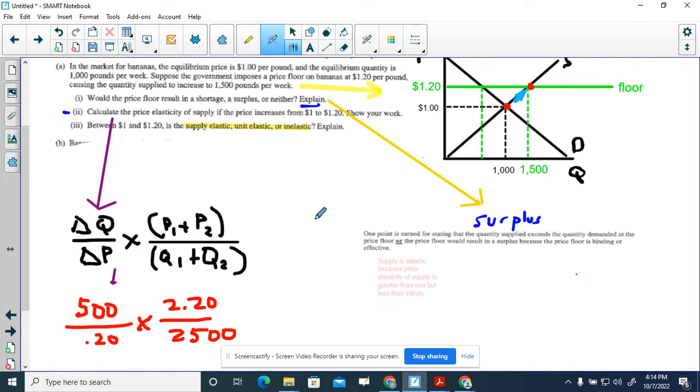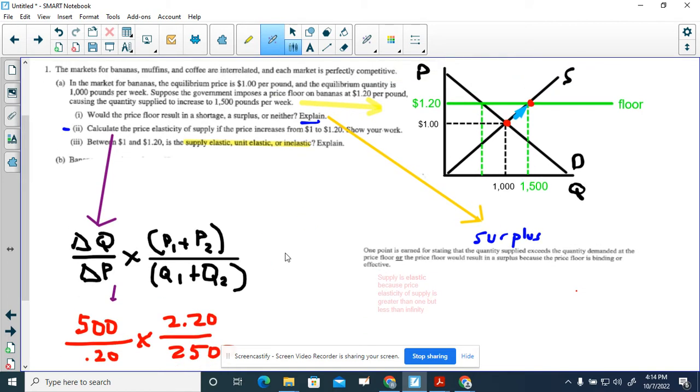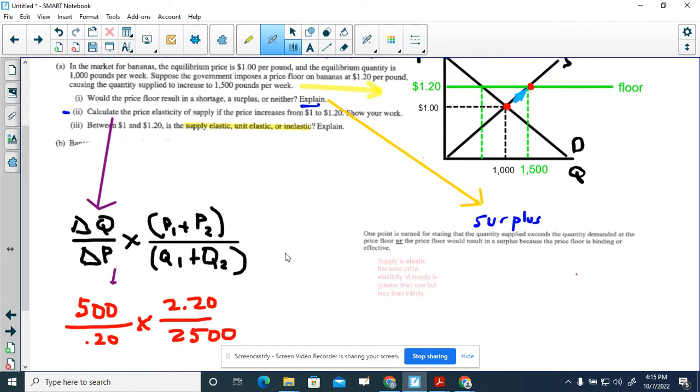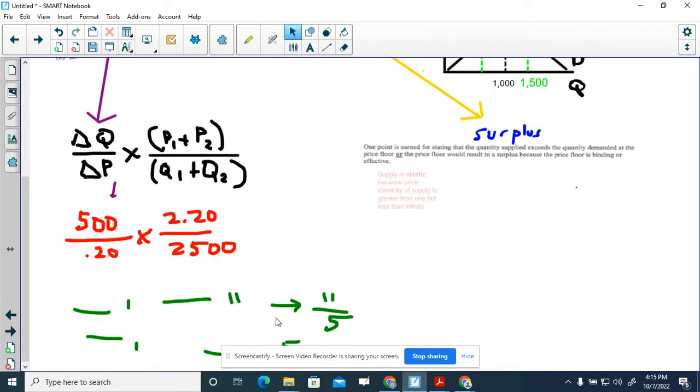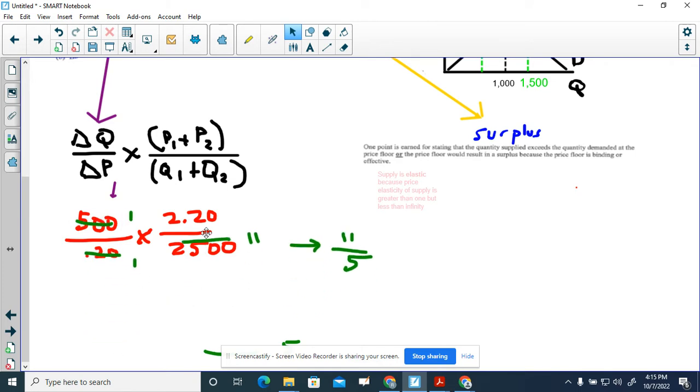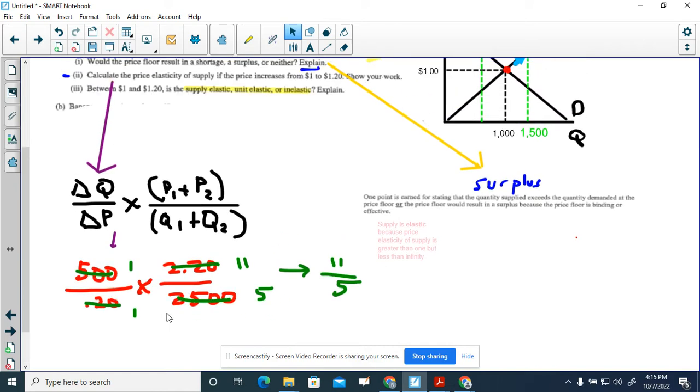I'm going to substitute in all my values here. 500 is the change in quantity. 20 cents is the change in price. $2.20 is my two prices added together. 2,500 are my two quantities added together. And then I just simplify in order to solve this, using things we learned back in pre-algebra. 500 and 2,500 simplify to 1 and 5. 20 cents and $2.20 simplify to 1 and 11.